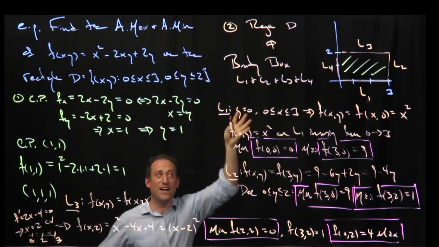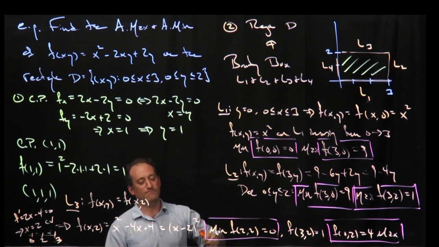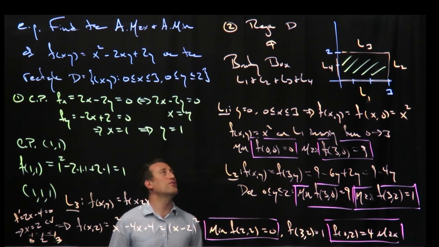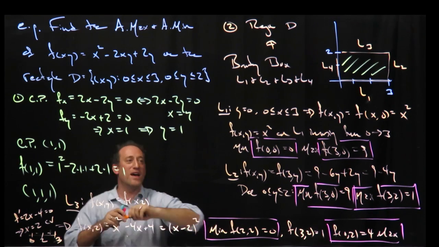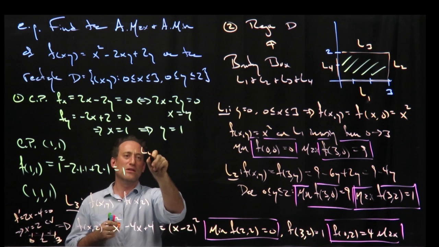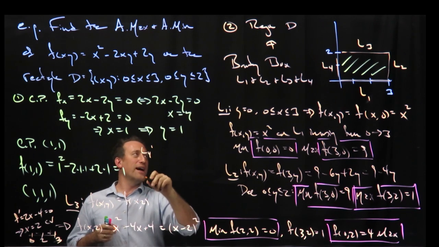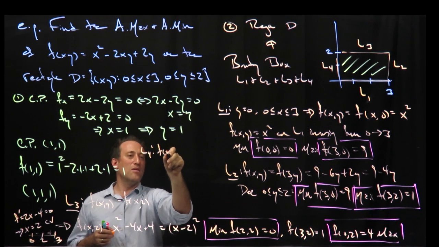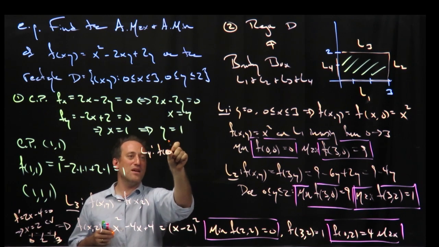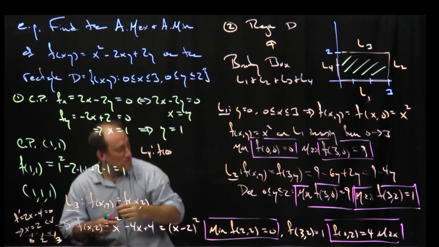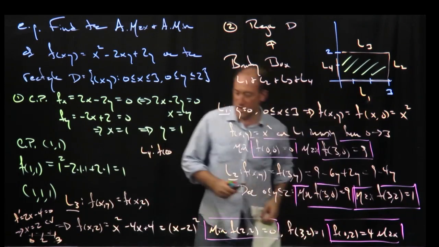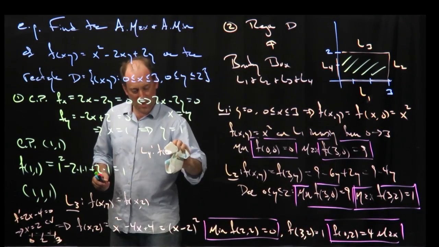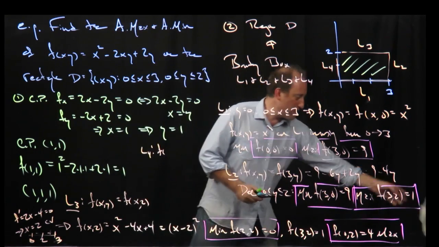Last line, line 4. So for L4, oh, this is nice. y varies, but x remains at 0.